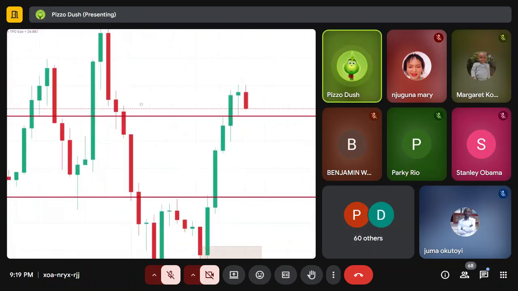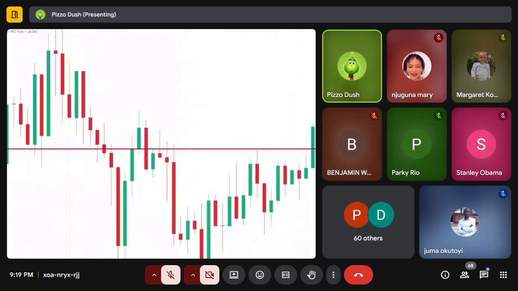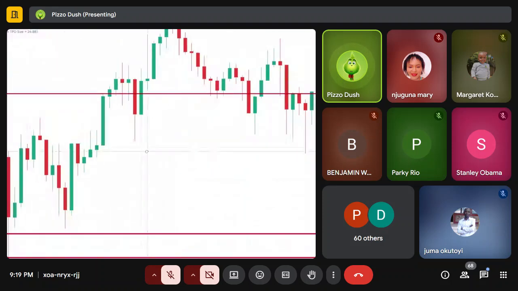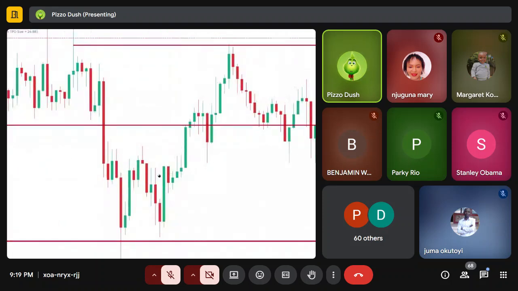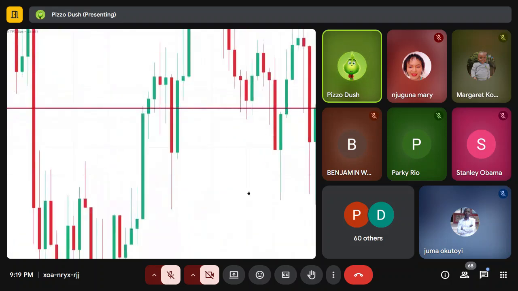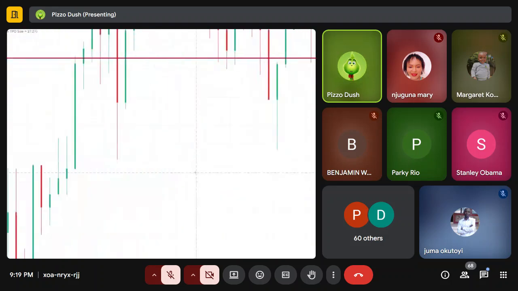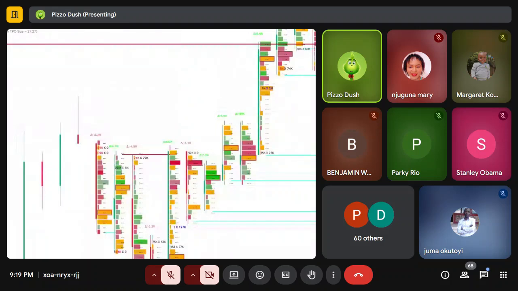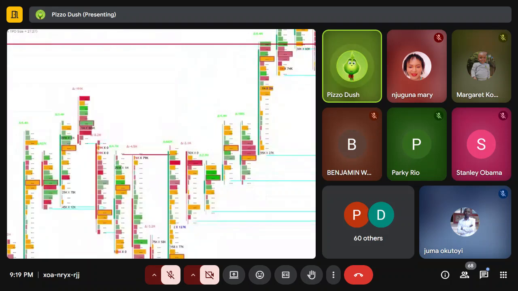So where was it? But yeah, let's just look for more 1 hour order blocks. You are looking for impulsive moves. Was this another block? I don't know. It's taking long. Let's close some tabs.